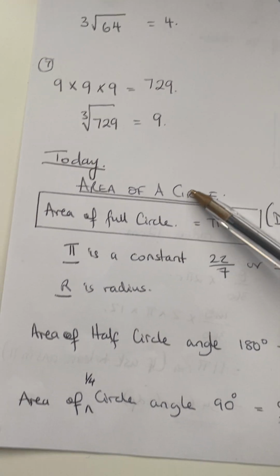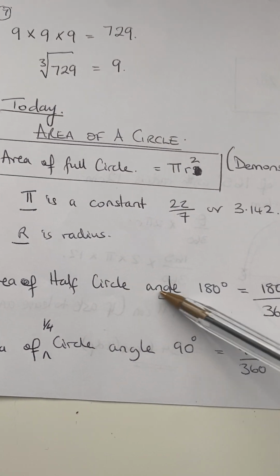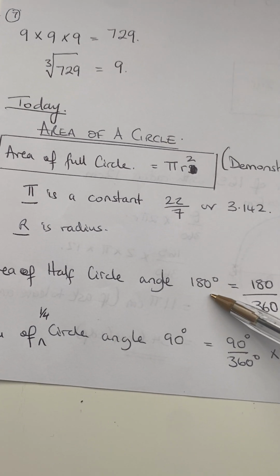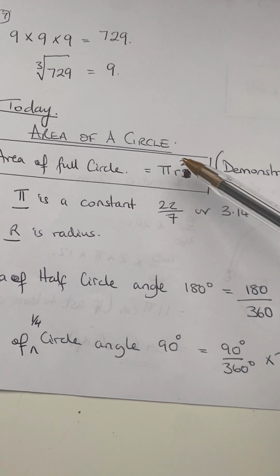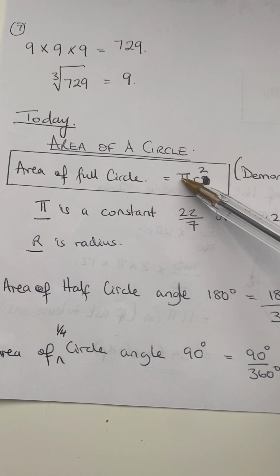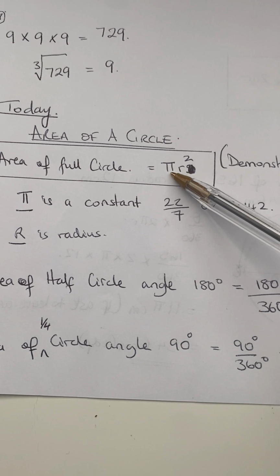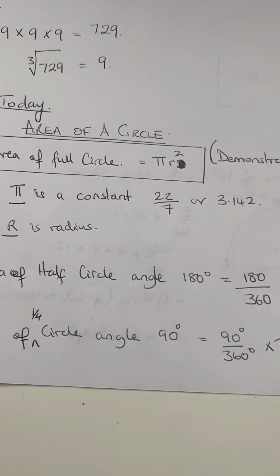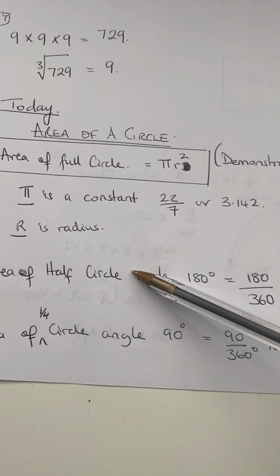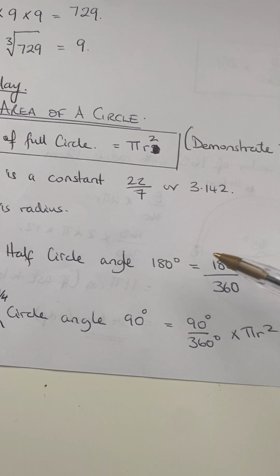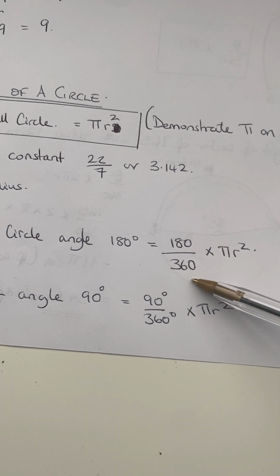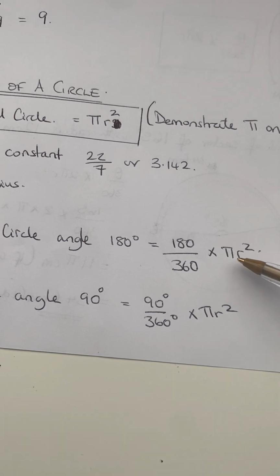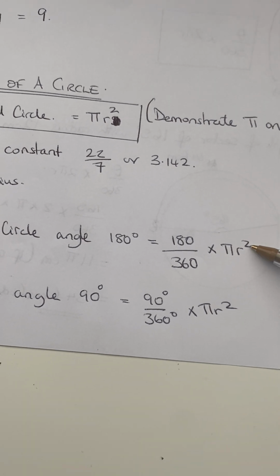Okay, so if you have half of a circle, like we saw yesterday for the circumference, you can't use this formula because this is for a full circle. Because 360 divided by 360 is 1. Half of a circle, the angle will be 180/360 times pi r squared.